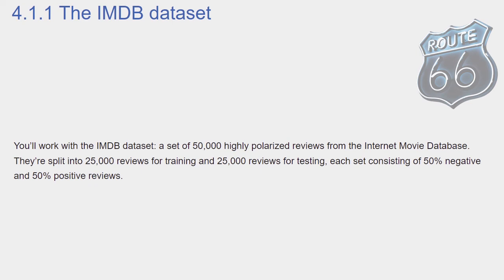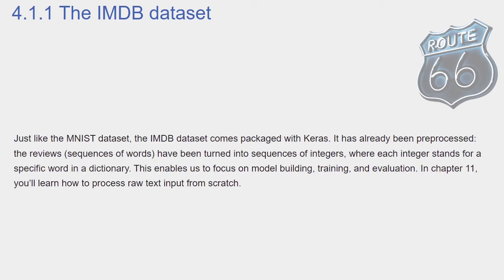Section 4.1.1. The IMDb dataset. You'll work with the IMDb dataset, a set of 50,000 highly polarized reviews from the Internet Movie Database. They're split into 25,000 reviews for training and 25,000 reviews for testing, each set consisting of 50% negative and 50% positive reviews.